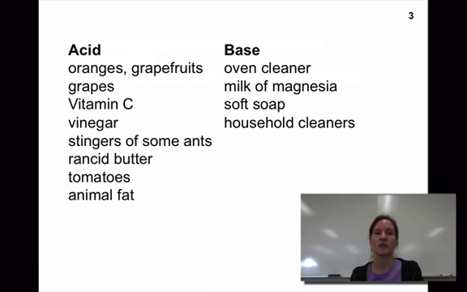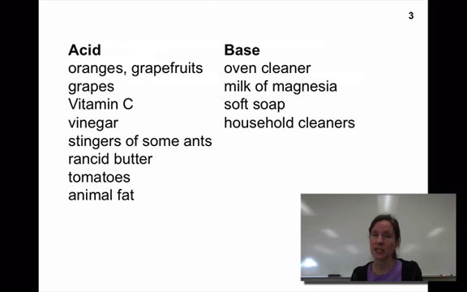So for your acids, we've got most fruits: oranges, grapefruit, grapes, red bell peppers are acidic. Vitamin C is an acid, vinegar is an acid. Okay, a lot of food type items we see listed under acids. For bases, you're less used to what could be basic.